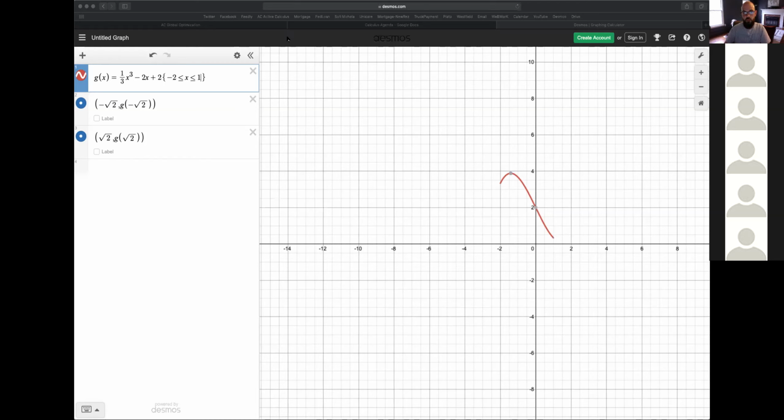Okay, so to rewind here, when we had our global maxes and our global mins, yeah, look for the critical numbers. So you can look for the critical numbers or the highest and lowest points on the graph if you have all the values.